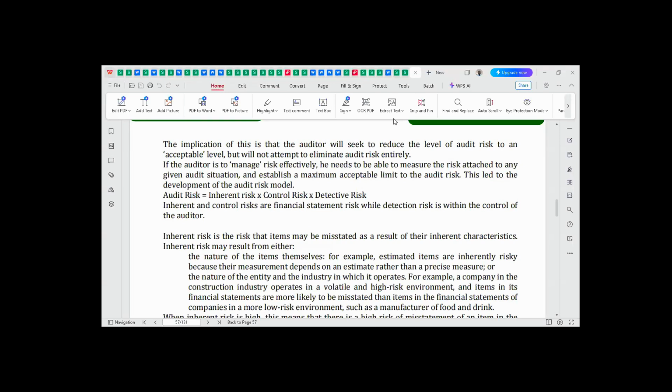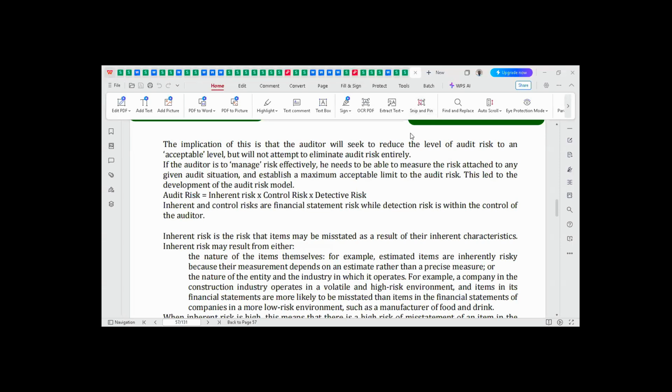If you post that money in this month, what have you done? You have undervalued your revenue balance in last month, and by posting it this month, you have overvalued your revenue balance in this month. I can go on with all those inherent risks. I hope that is clear. Are we cleared? Yes, sir. Okay.